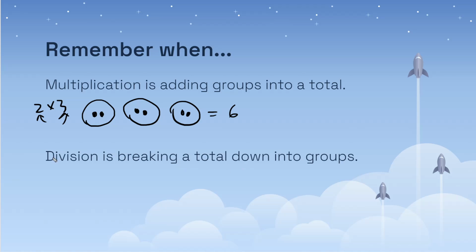Division is then taking that and breaking it back apart. So if we have a total of 6 things, and we want to break that into groups of, let's say, 2, then our 6 things are broken into groups of 2. How many groups do we have? We have 3.